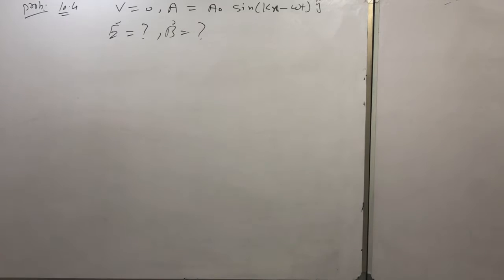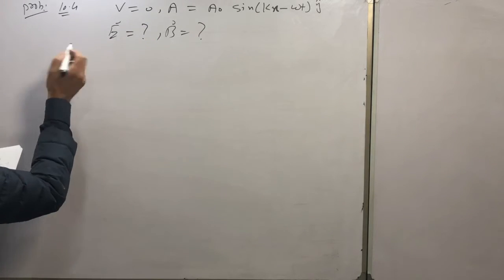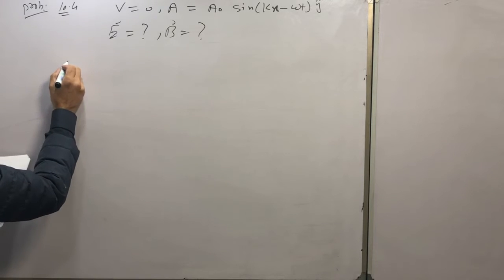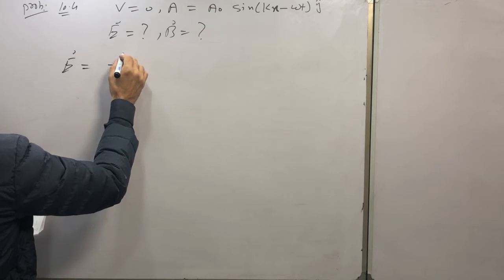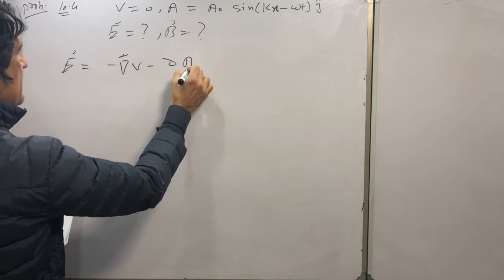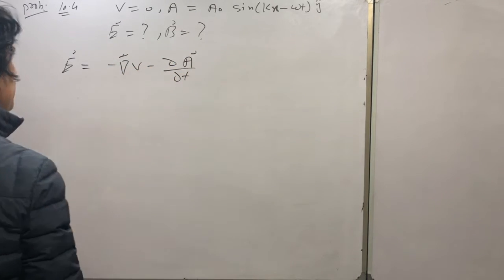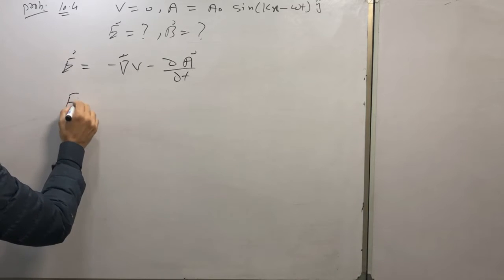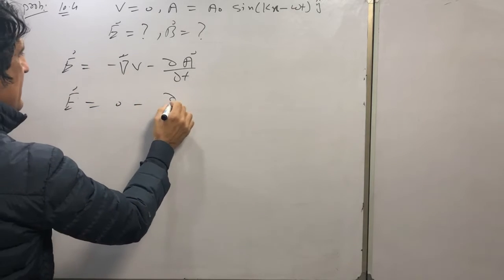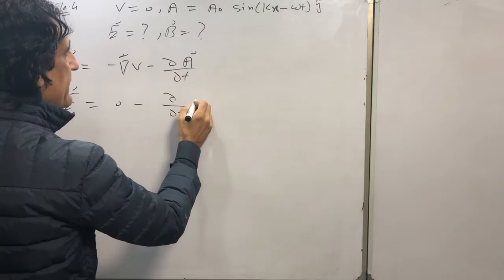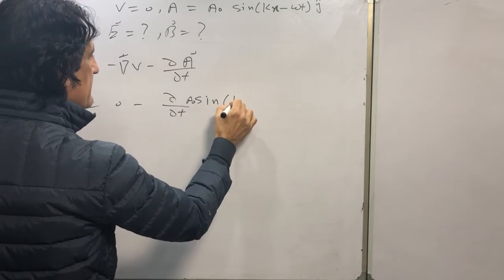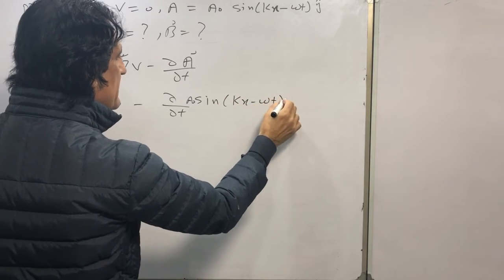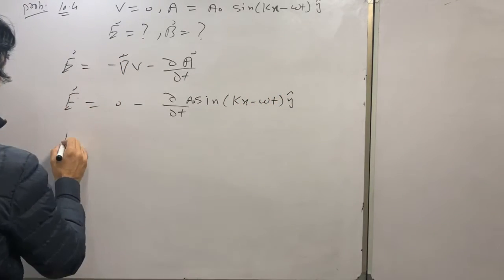The first thing is to find the electric field. We have E equals minus del V minus partial A divided by partial t. So V is equal to 0, minus partial divided by partial t of A naught sine of (kx minus omega t) in the y direction.